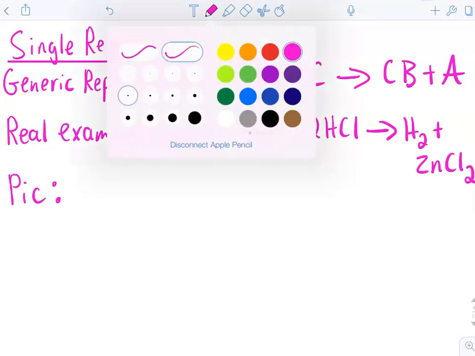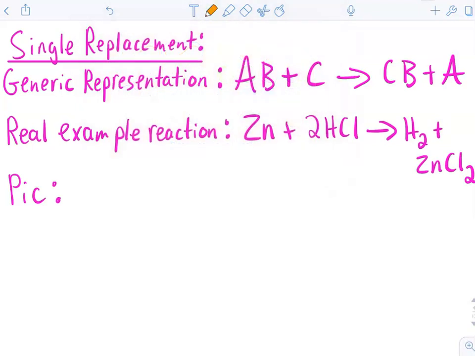And if you notice, what happened is that our zinc came over here with the Cl, and this H got kicked out by itself. Okay, so single replacement, you're going to have one element that ends up being by itself. And also you can see that only one thing is being replaced.